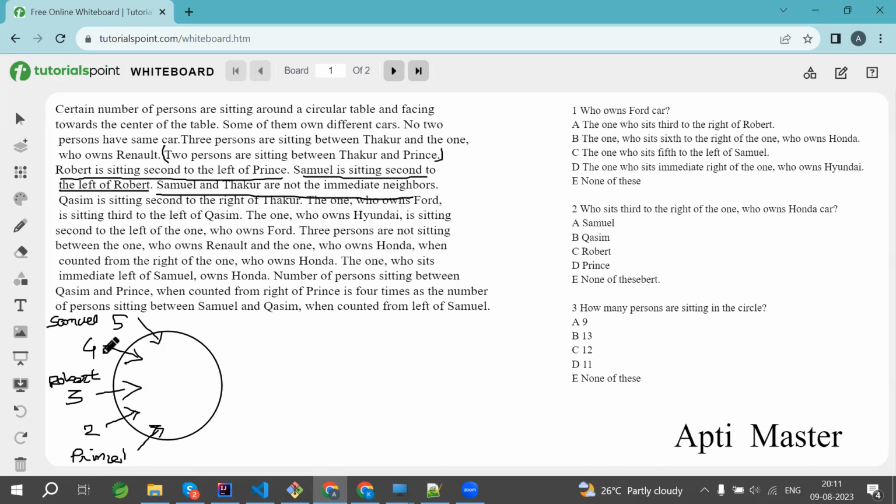So here is Prince, and suppose Thakur is there, but it is mentioned that Samuel and Thakur are not immediate neighbors, so we cannot put Thakur here. So we will again draw two persons, and here I will put Thakur.